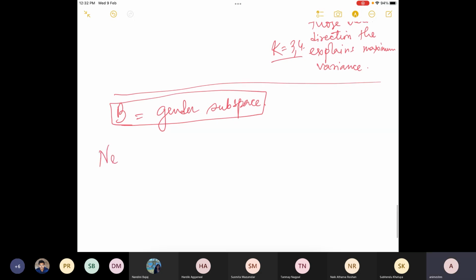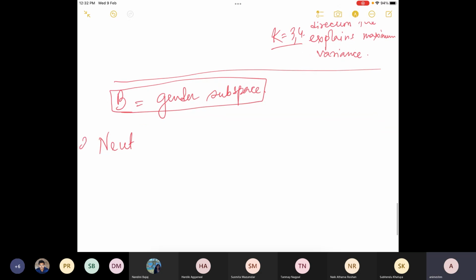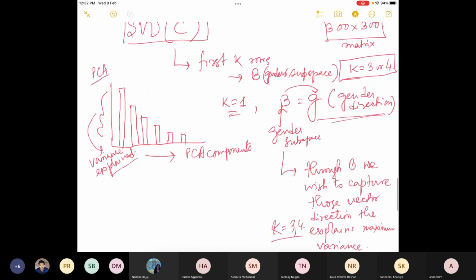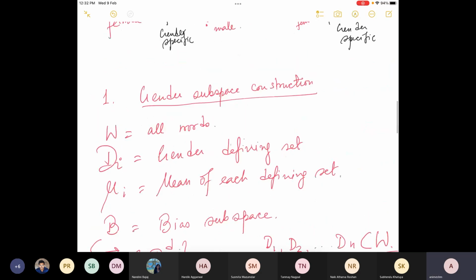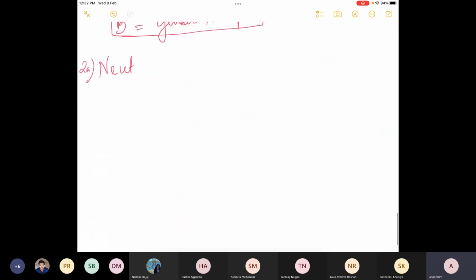Now neutralization was my step 2A. So this was step 1. I guess I have numbered it, yes. And this is step 2A, where we try to do neutralization. Now this is a simple step.